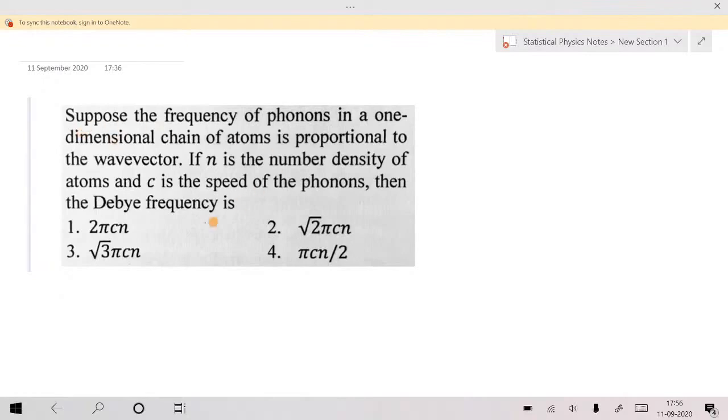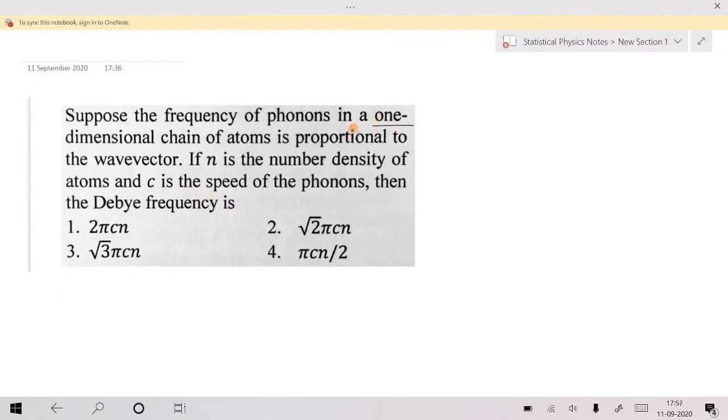Now take this question. Suppose the frequency of phonons in a one-dimensional chain of atoms is proportional to the wave vector. n is the number density of the atoms, c is the speed of the phonon, then the de Broglie frequency is what he's asking.